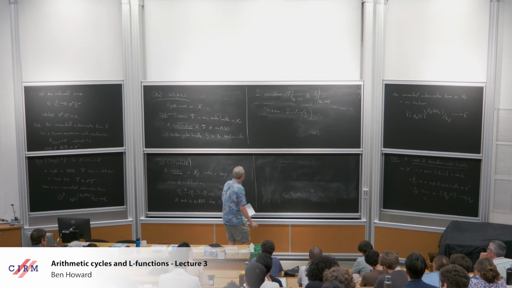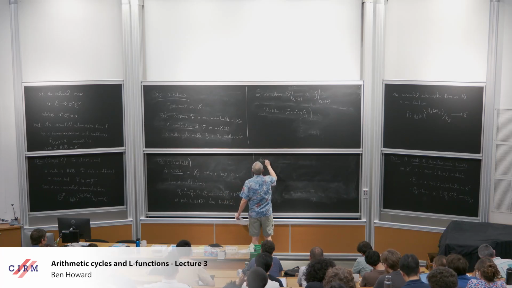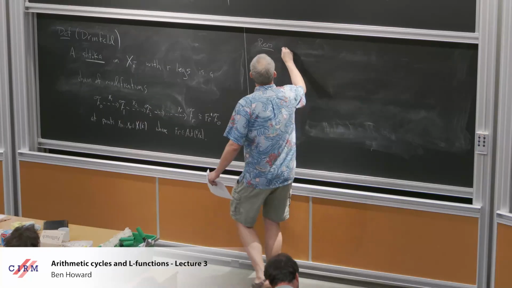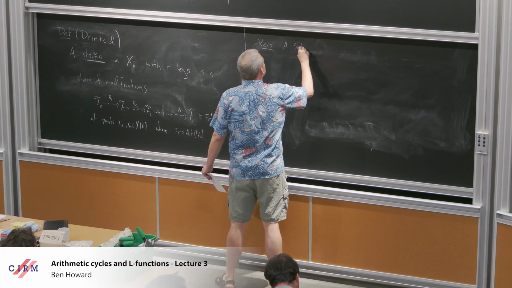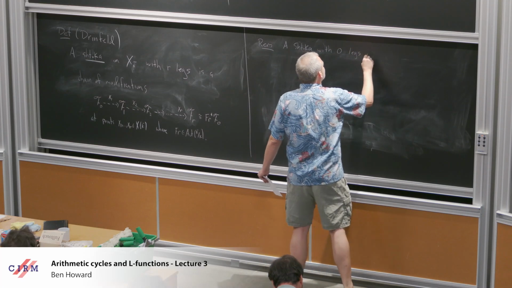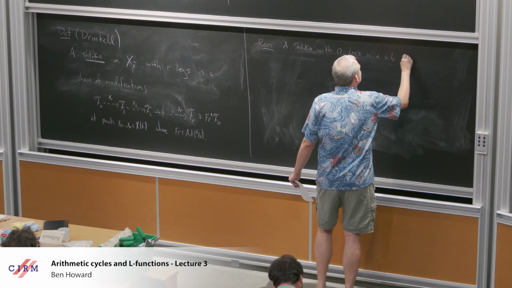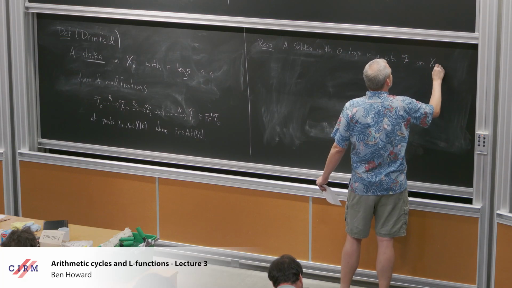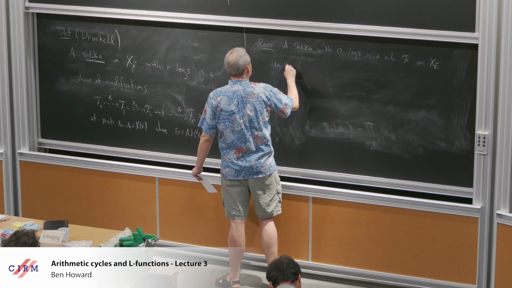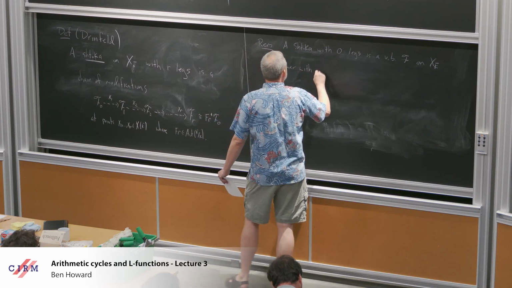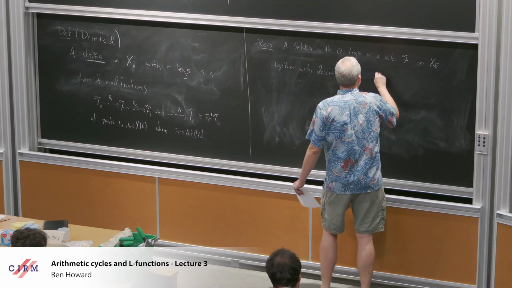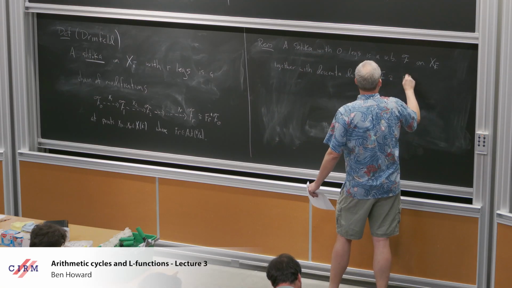So, remark. What is a shtuka with 0 legs? A shtuka with 0 legs is a vector bundle F on X_k-bar together with descent data, an isomorphism from F to its Frobenius pullback.